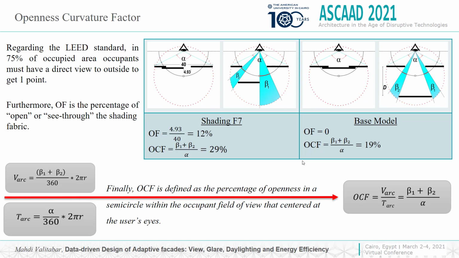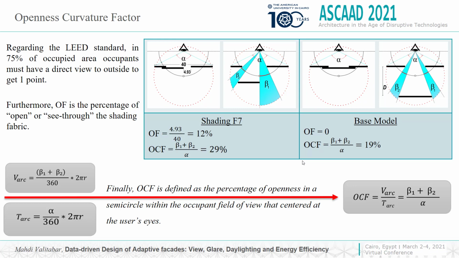As you can see in this figure, for example, for the base model, we don't have openness factor, while openness curvature factor equals 19%. Finally, openness curvature factor is defined as the percentage of openness in a semicircle within the occupant's field of view that's centered at the user's eyes.